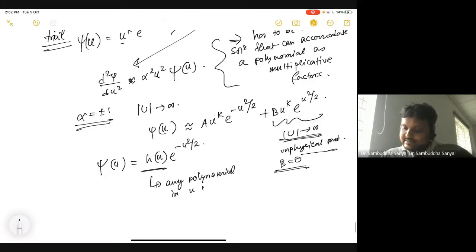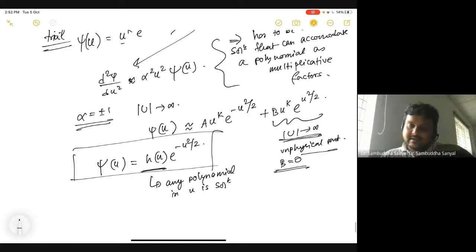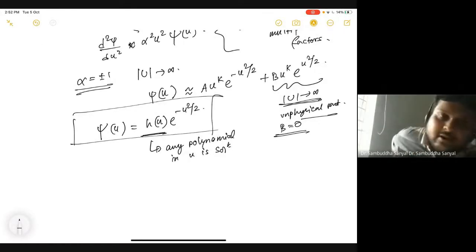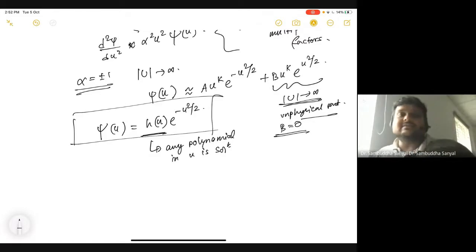U is a solution. So this must be the form. You might be wondering whether I'm making a lot of approximation here. It turns out I am not.